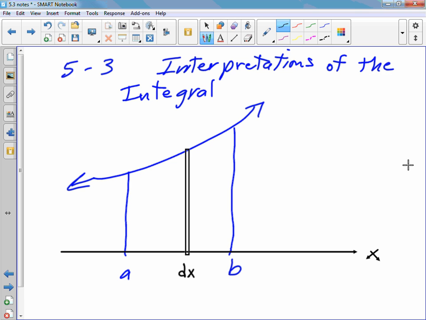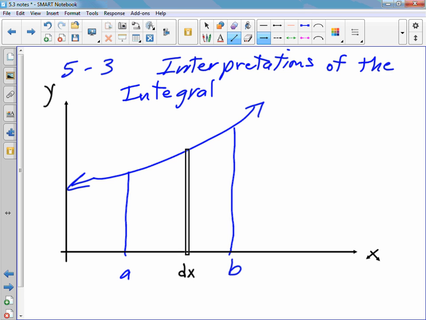And because this also has a height, what do we call the height of this rectangle? Here's the y-axis. No, not dy dx, just the height of this.